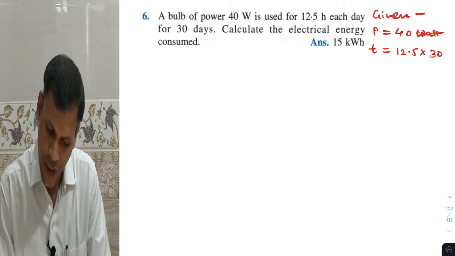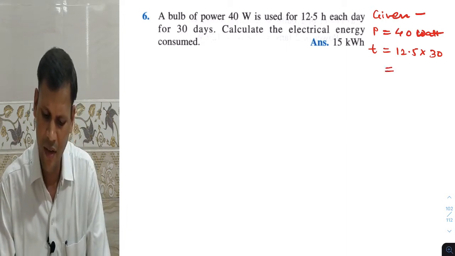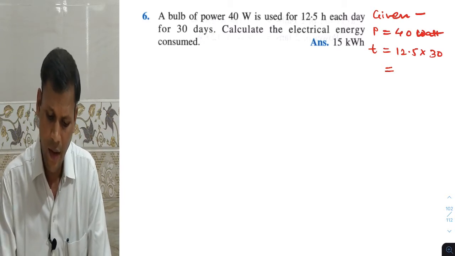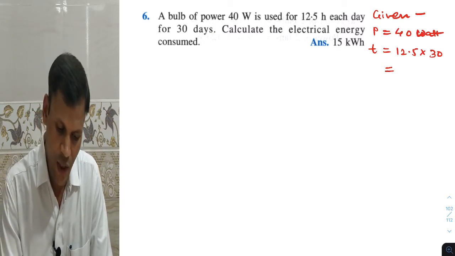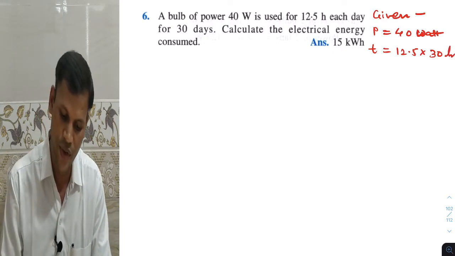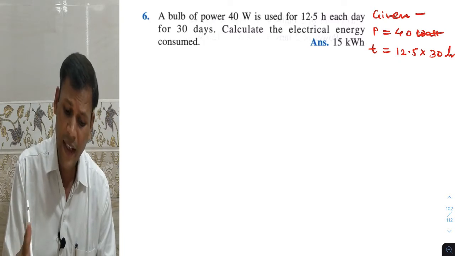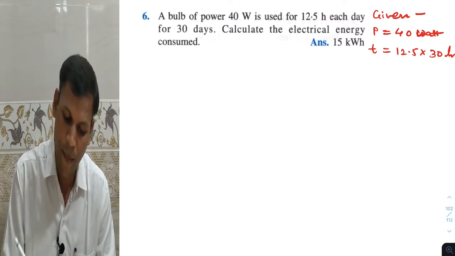Okay, so later on we will multiply. Initially I will write in terms of hours because इससे easy calculation हो सकता है. तो electrical energy consumed वो हमें निकालना है.